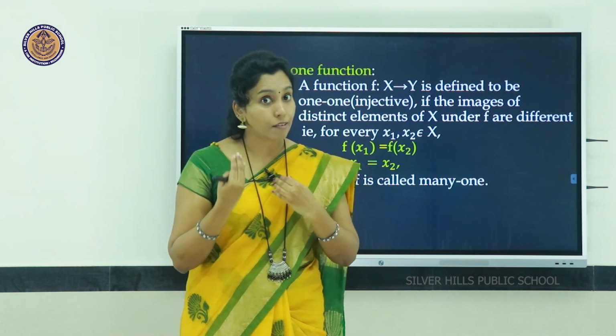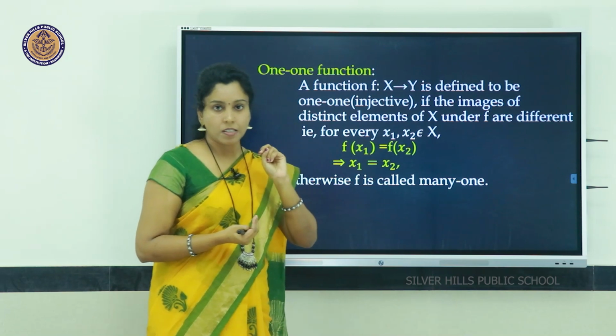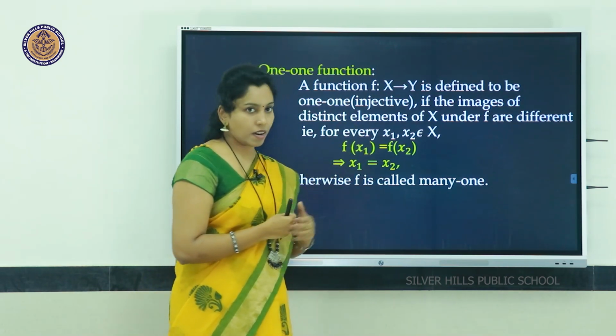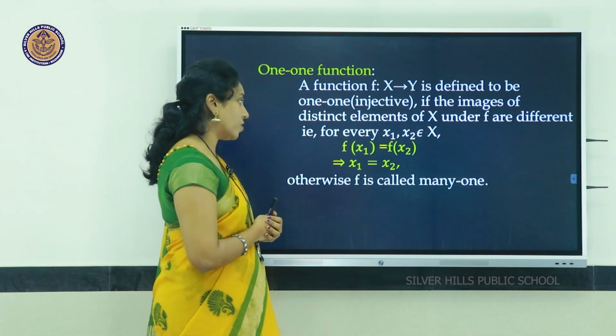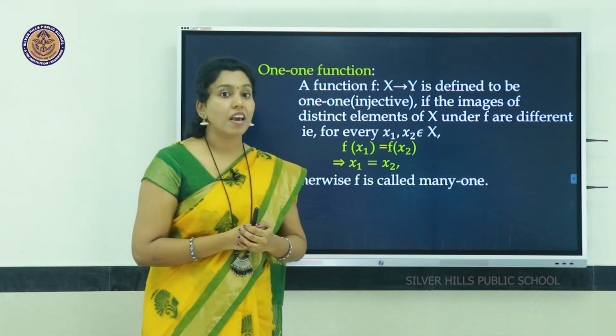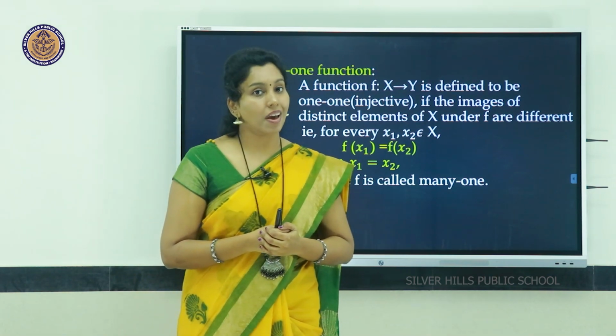And let us see what is the definition. Suppose you take 2 members in the first set, here it is x1 and x2. F of x1 equal to f of x2 implies x1 equal to x2.